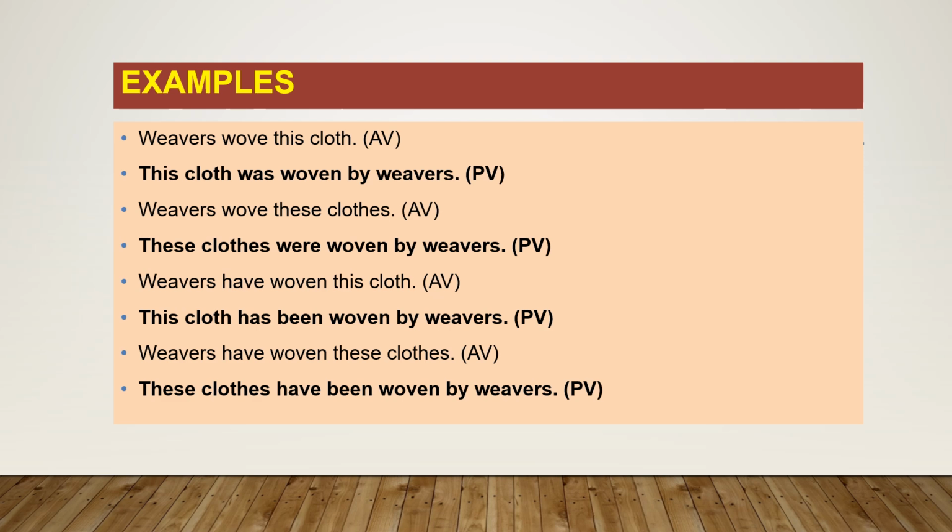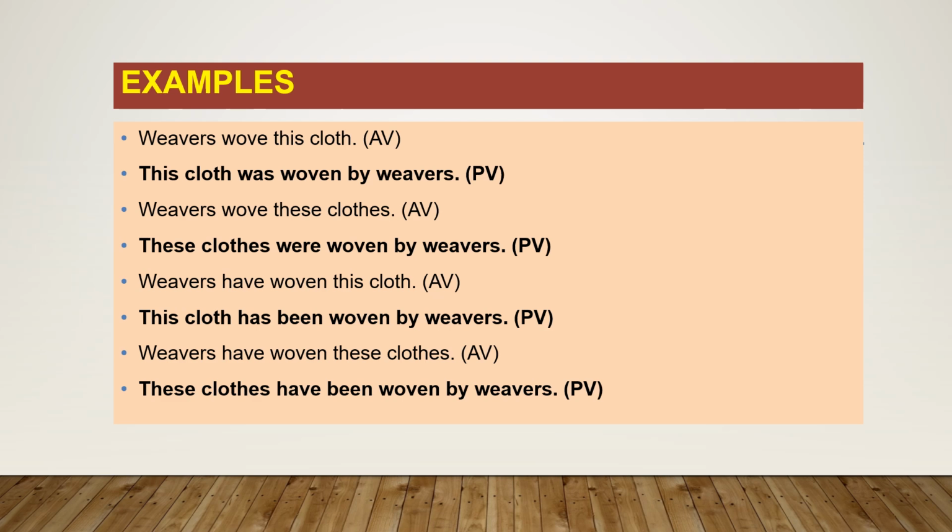Now we have another example where we are using the simple past. Weavers wove this cloth. So this cloth was woven by weavers. This cloth is the object. It has become the subject. Wove is simple past. Simple past passive form was. Was is the to be past, and wove past participle is woven. By we have to add, and then the subject of the active sentence becomes the object here.